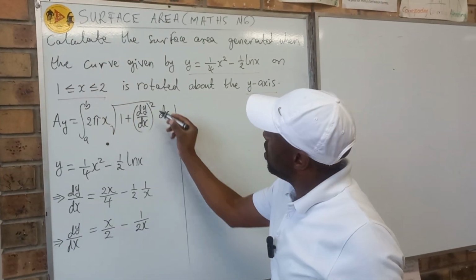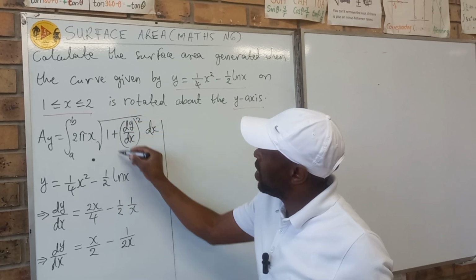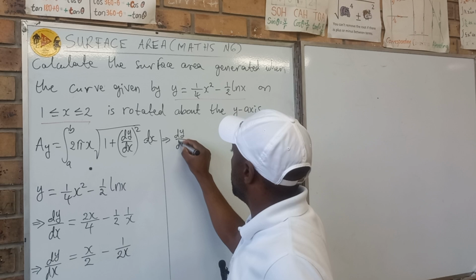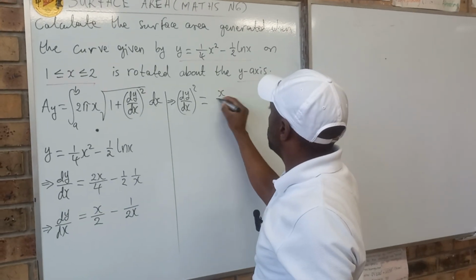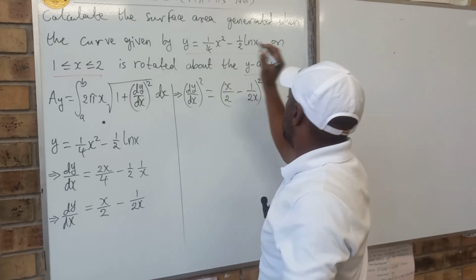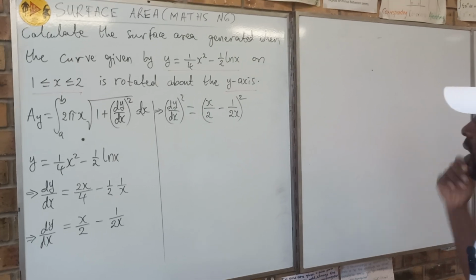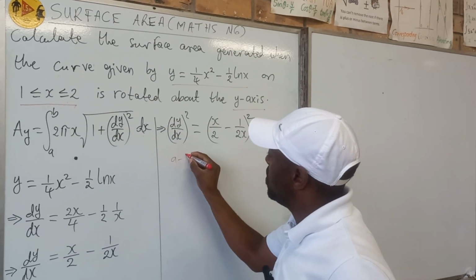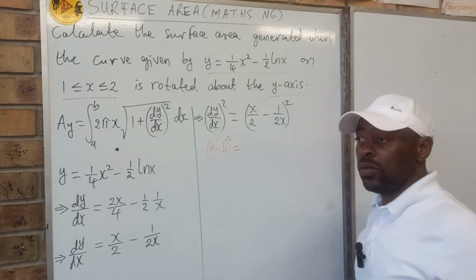Then we can move on now and do the part of squaring. You see the next thing in the formula is to square your derivative. So we are squaring dy over dx. That means I'm squaring x over 2 minus 1/2x, so that's what I have to square. And again, it takes us to this familiar expansion, which I keep encouraging all my N6 students to be used to.